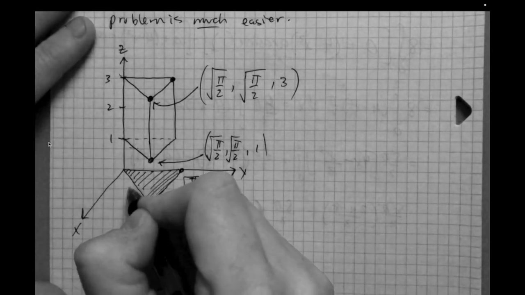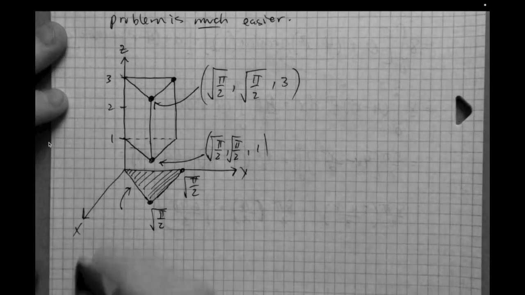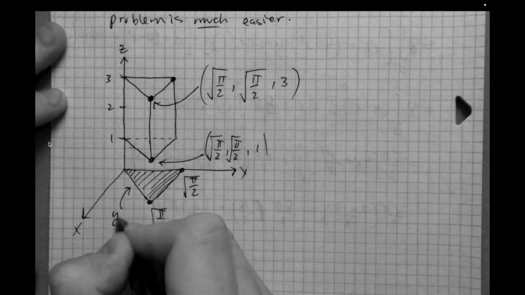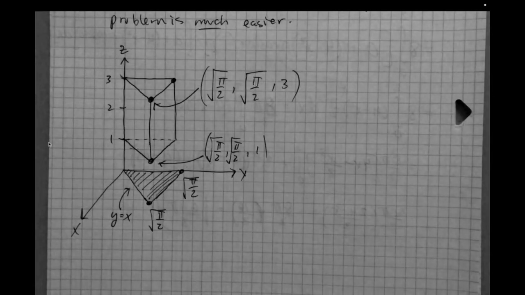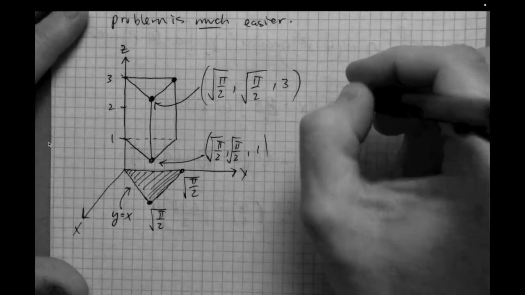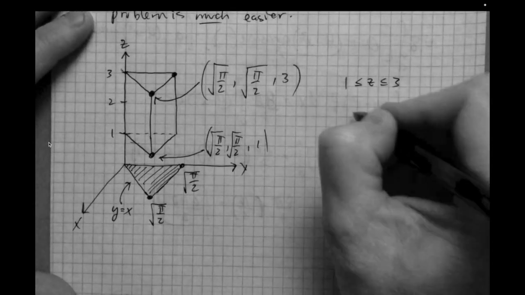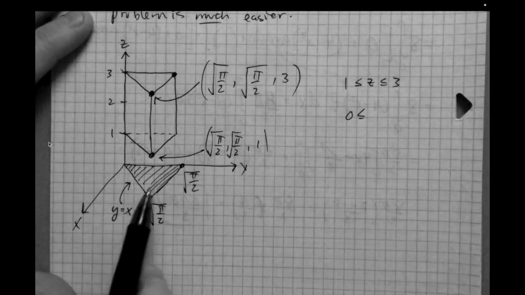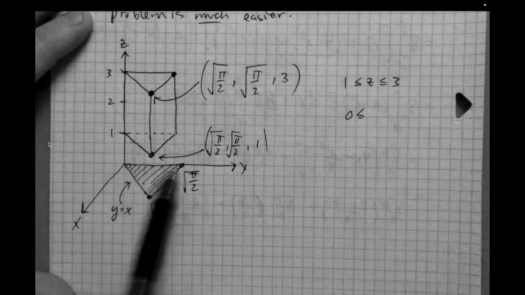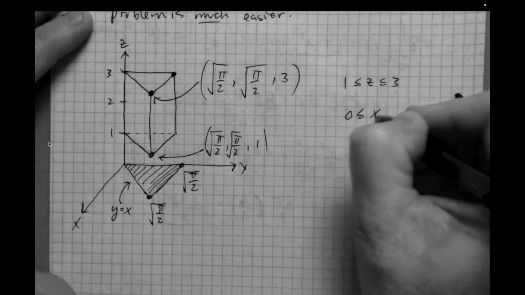Okay, and what is this line here? That line is just y equals x, the identity function in the xy plane. Using this picture, we can deduce what all of the pieces need to be. So z is going to vary from 1 up to 3, so 1 is less than or equal to z, less than or equal to 3. What about x? x is going to vary from x equals 0 out to this point, the square root of pi over 2.